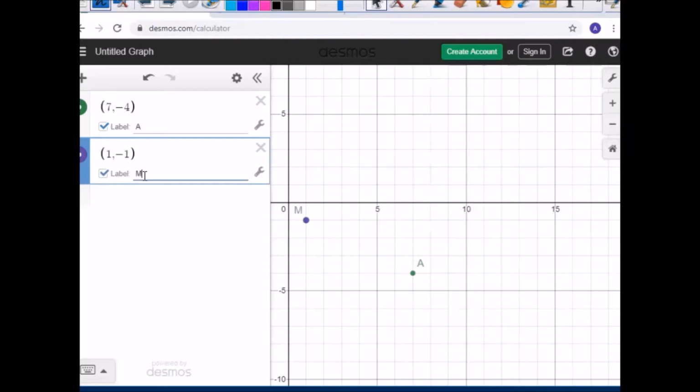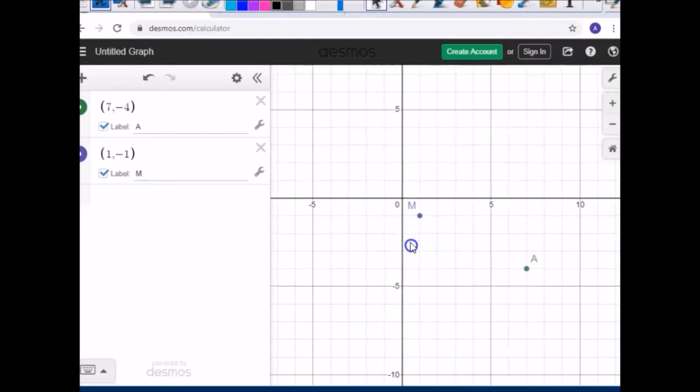There we go. So here are my 2 points. So it looks like if that's the midpoint, then somewhere up in here is going to be my point B. Because remember, if I've got a line segment, here's A, here's M, B is going to be somewhere up there.